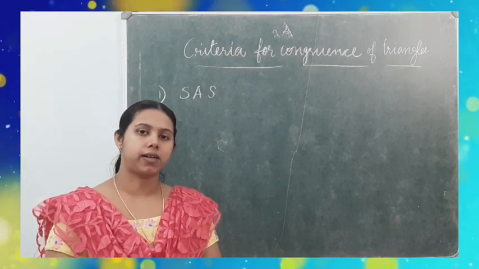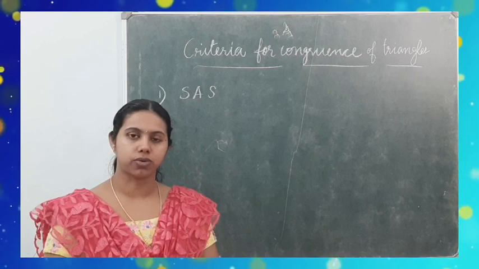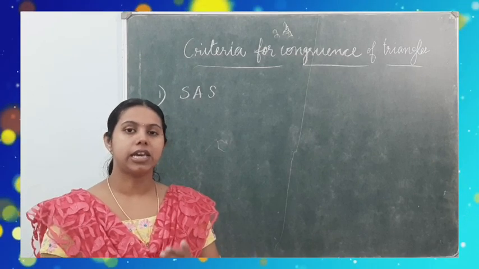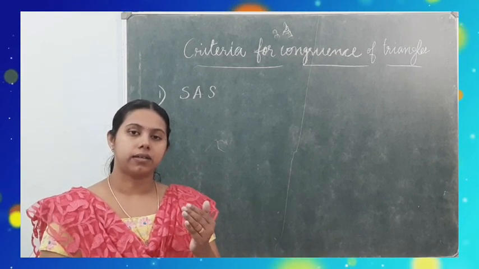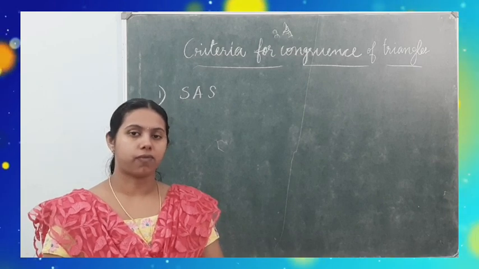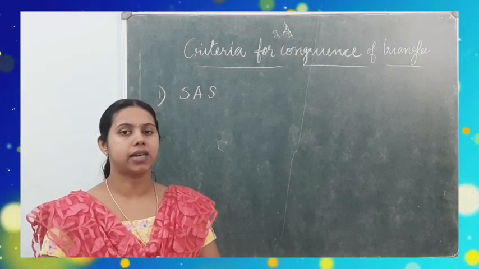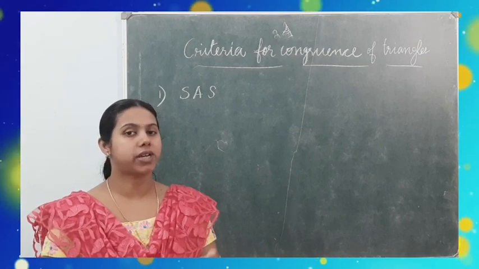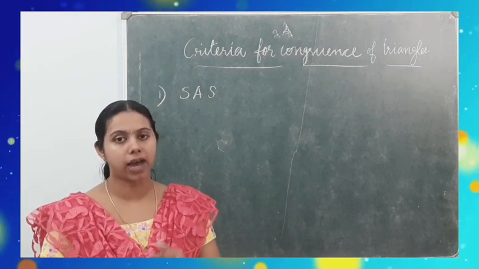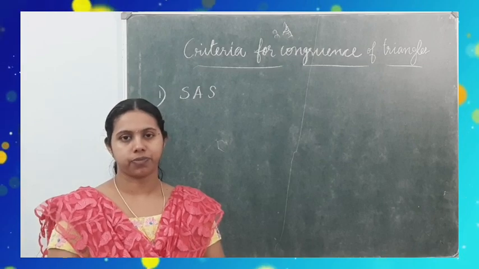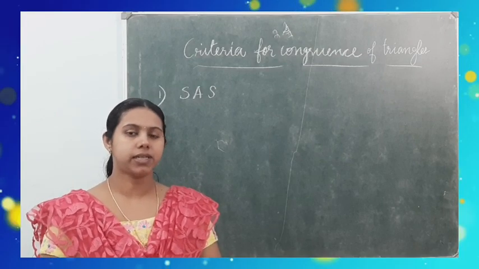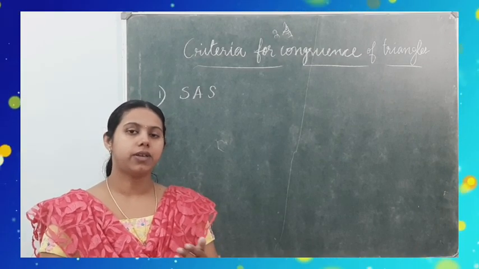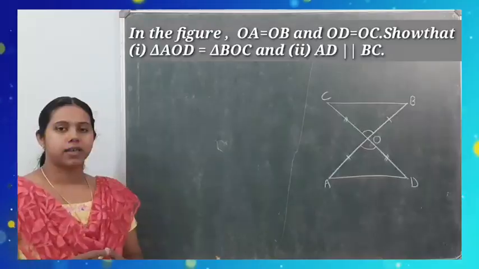Axiom 7.1, that is the SAS congruence rule: two triangles are congruent if two sides of a triangle and the included angle are equal to the corresponding sides and the included angle of the other triangle. Using this correspondence, we can do some problems.